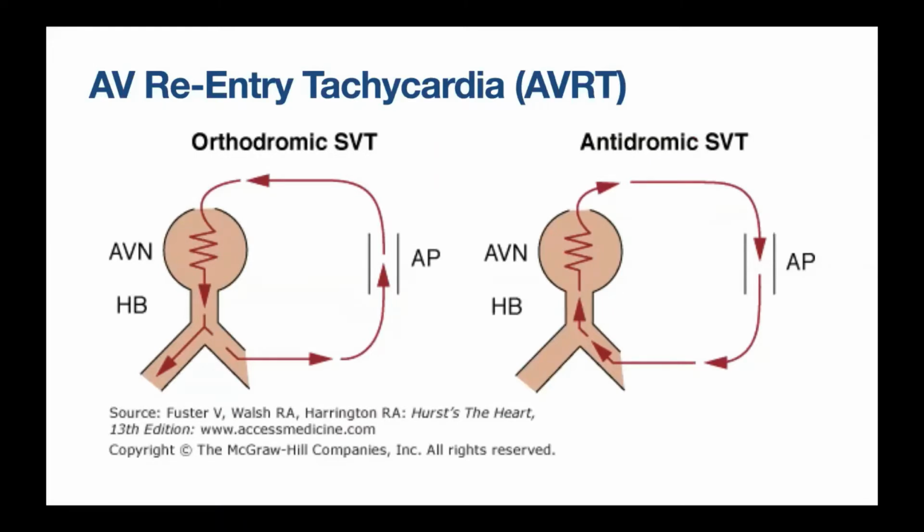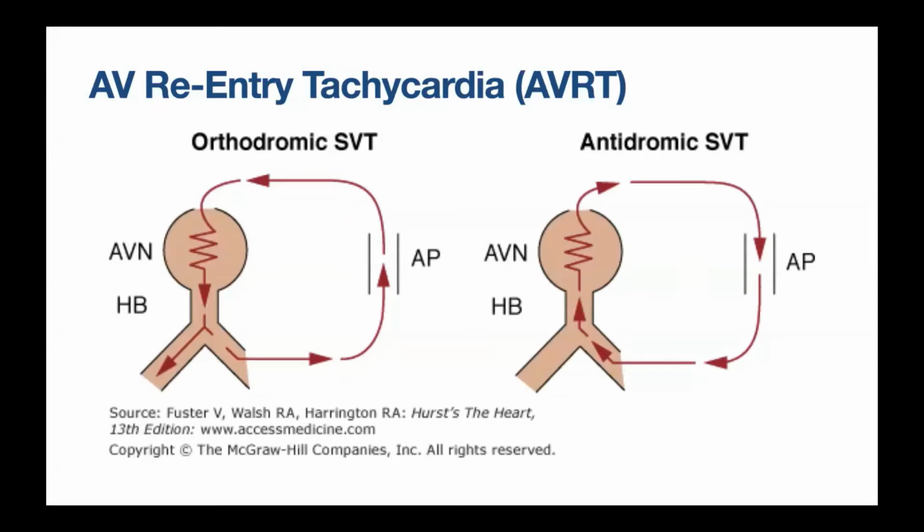And sometimes it cannot conduct in two ways or in antegrade. So the PAC goes down to the AV node and then go down to bundle of His. And then when it comes down here, the refractory period has already finished or terminated in this accessory pathway. And it goes back the way through the accessory pathway to the atrium. And then from there, take the circle again and start generating a tachycardia AVRT.